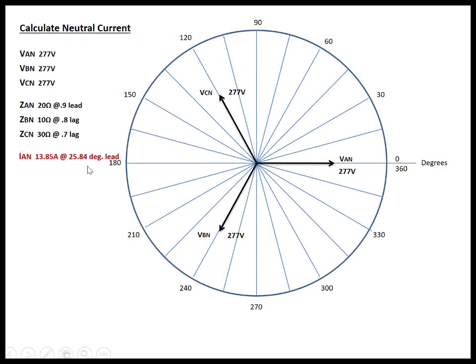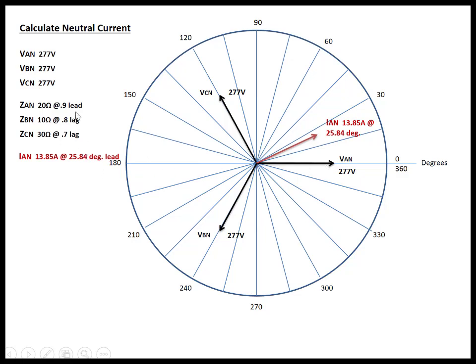Once we've done that calculation, we should find that phase current IA to N, 277 volts divided by 20 ohms, will give us a current of 13.85 amps. And because this current is a leading current, we would draw it, the phase voltage is VAN at 0 degrees.